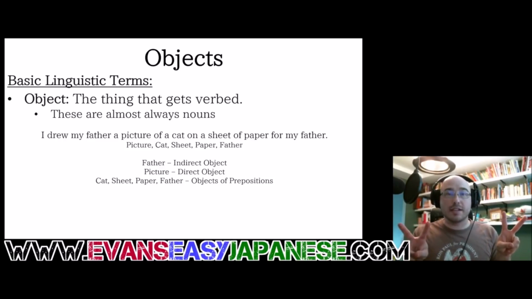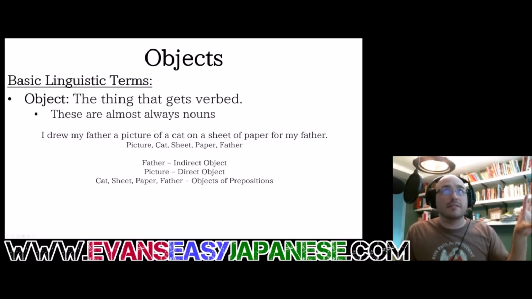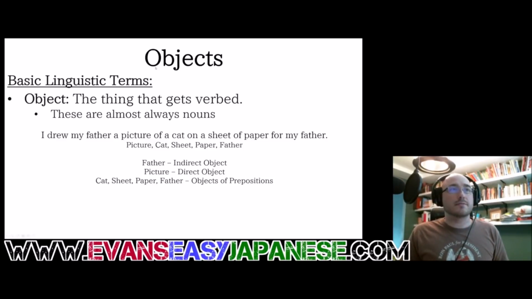There's two objects. There's the direct object, the thing that I bought, and there is the indirect object, my dad. He is the one for whom I bought it, or to whom I am going to give it. That's an indirect object. So basically all the nouns that aren't the subject that the verb applies to are objects.